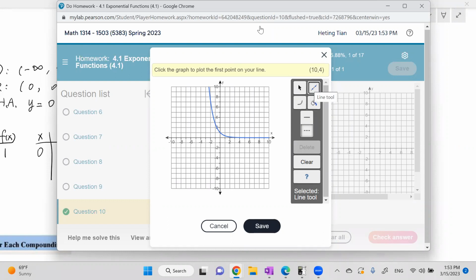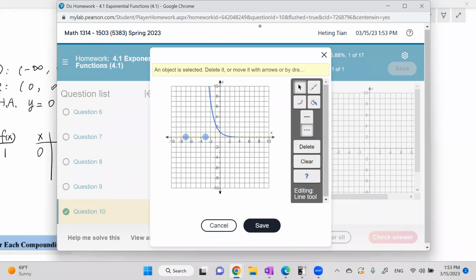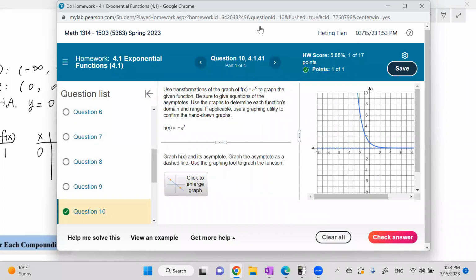I know that the horizontal asymptote is y equals 0, and two points can decide the horizontal line. I can click here and then click here again. But right now it's a yellow curve, so I need to click the line 2 again, make it into the blue. Now I click save and click check answer.